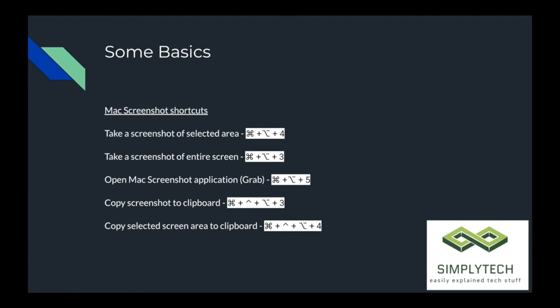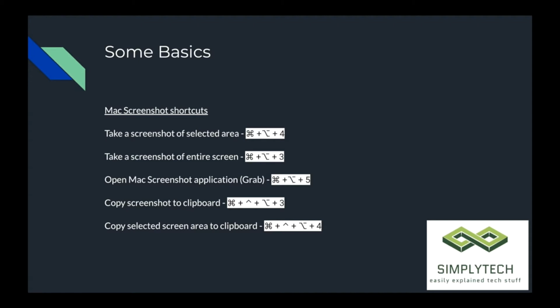There is also a Mac screenshot application called Grab that is available in Mac OS Mojave and above. It is Command Shift and 5 that gives you the ability to save screenshots to a different location and select a screen or do the entire screen.